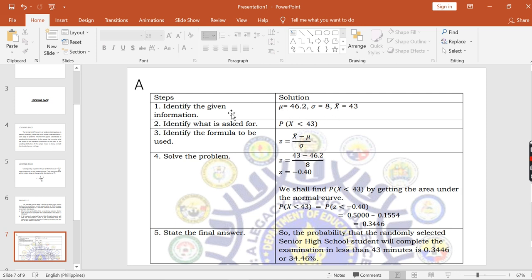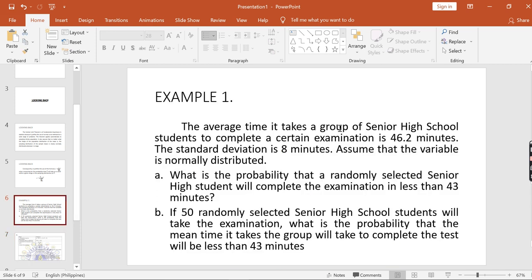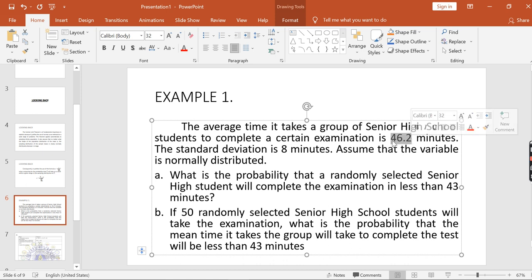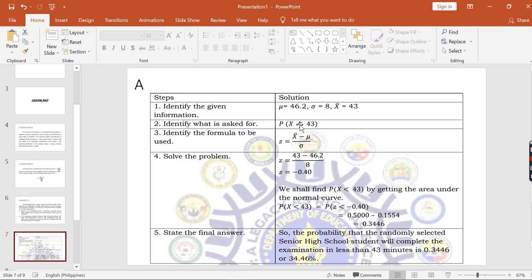Here, the given information are, we have the mu or the population mean. The senior high school students' average is 46.2 minutes. That refers to our population. And the standard deviation of the population is 8.